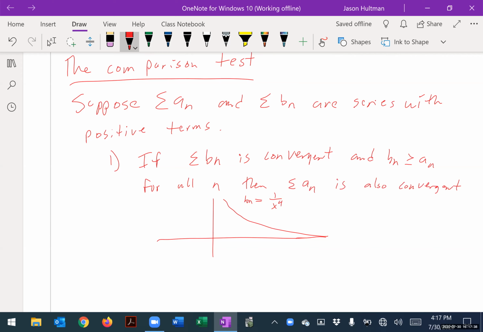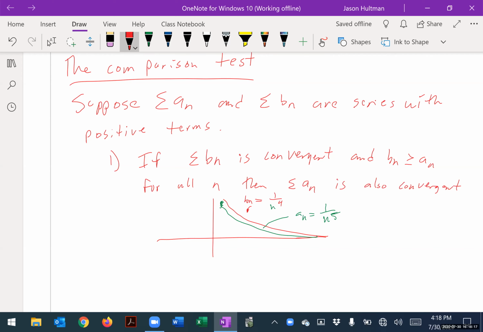And A sub n is smaller than that for all n. So maybe A sub n is 1 over n to the 5th power. I start off with 1, that's just 1 over 1. They're the same, so they'll start at the same spot.